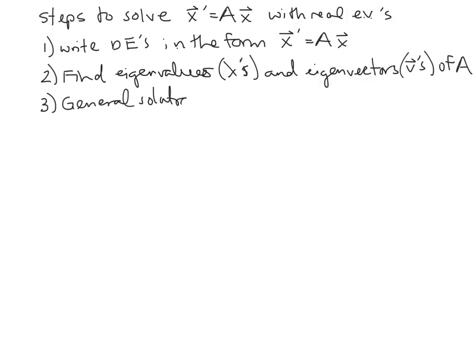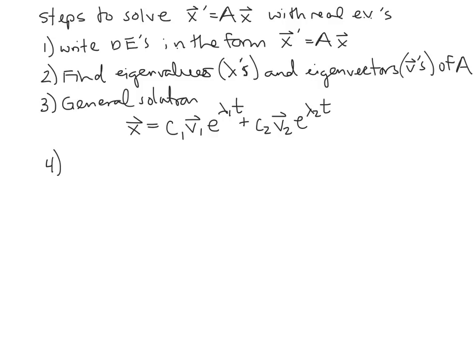We just had this on the previous slide. So your general solution, that's not a derivative because it's the solution, is going to be C1 V1 e to the lambda 1 times t plus C2 V2 e to the lambda 2 times t.